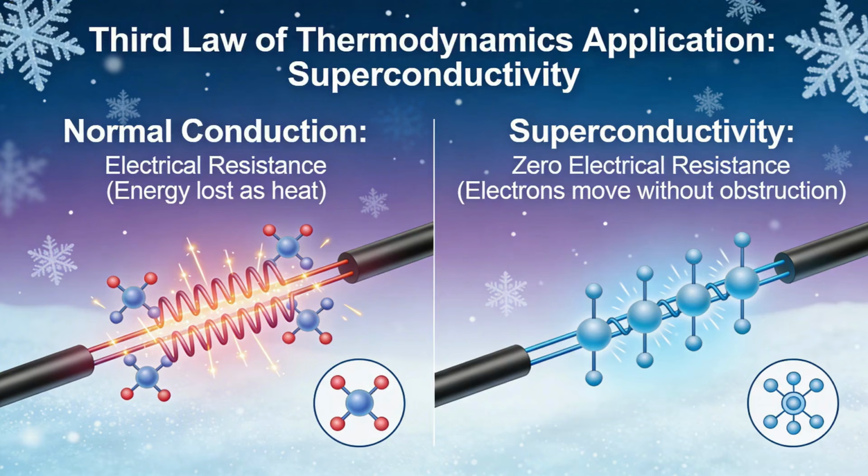This is what we call electrical resistance. But in certain materials, when the temperature becomes very low, the atoms hardly vibrate at all. Because of this, electrons can move through the material without any obstruction. As a result, electrical resistance becomes zero. And this phenomenon is called superconductivity.